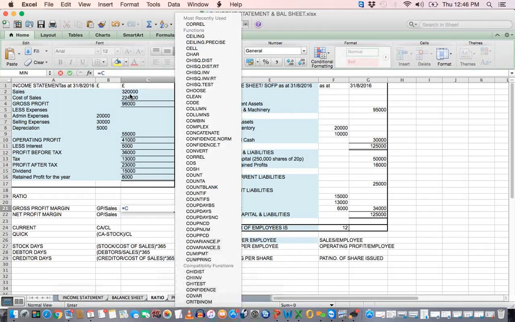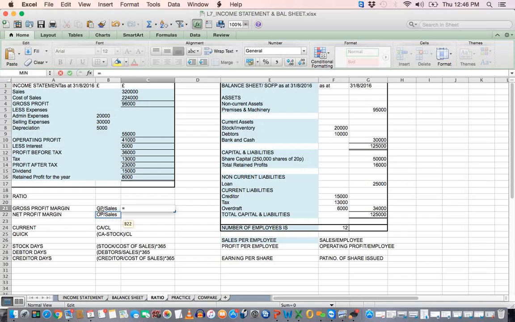We take the gross profit first, divided by sales, and then you will get the gross profit margin. Because the indicator is a percentage, you will use the percentage sign.